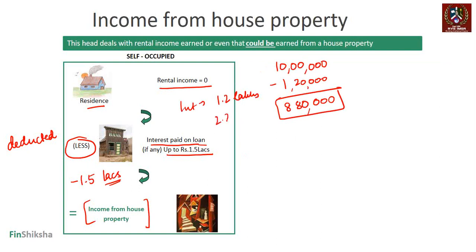If your interest is 2.2 lakhs, then out of 10 lakhs, what is going to get subtracted is 1.5 lakhs, because the max cap is 1.5 lakhs. That gets subtracted. So the total taxation is on 8.5 lakhs.